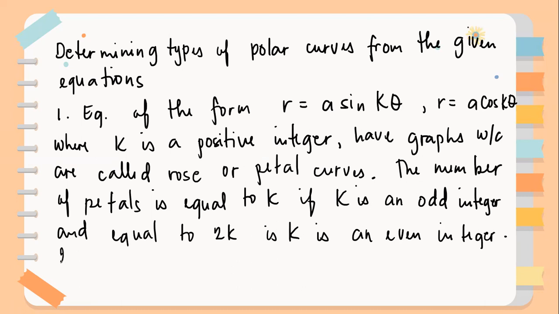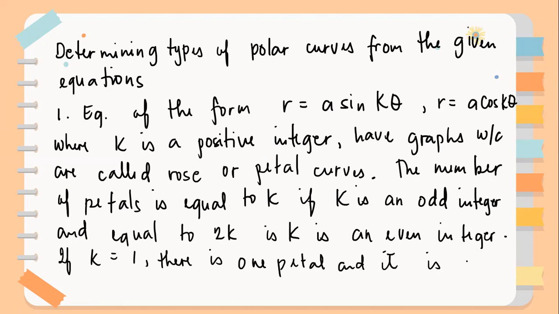If k is equal to 1, there is one petal and it is circular.